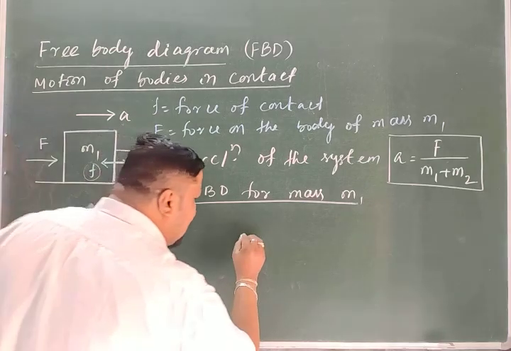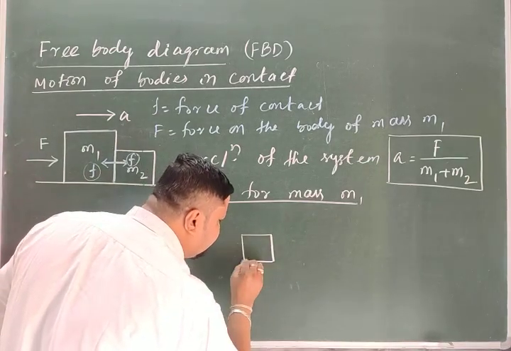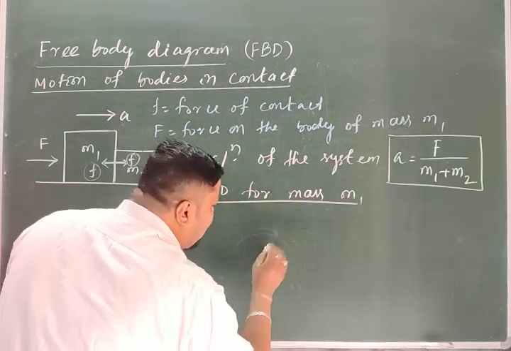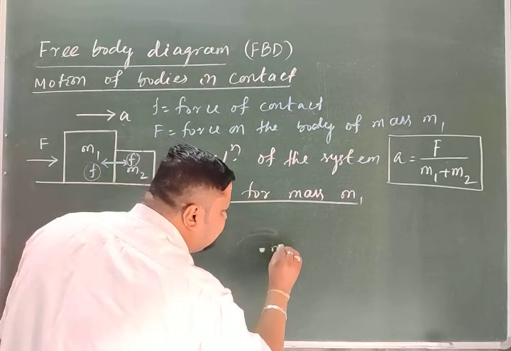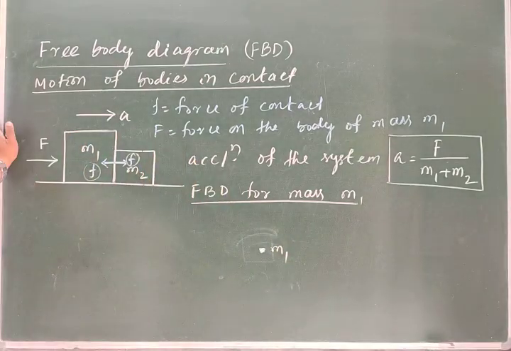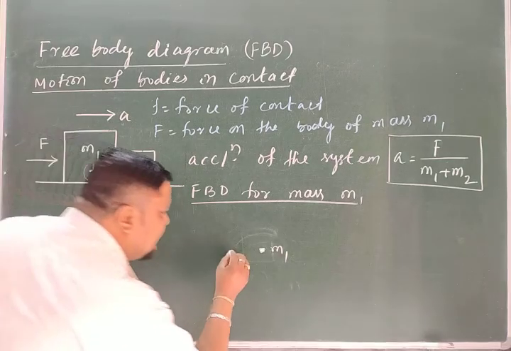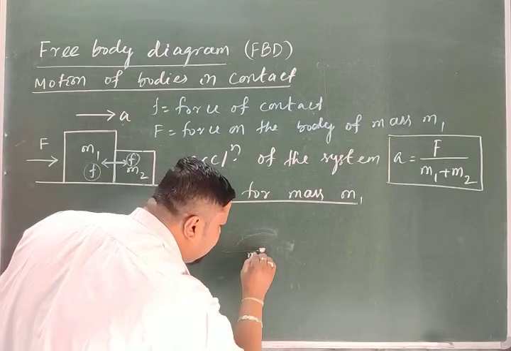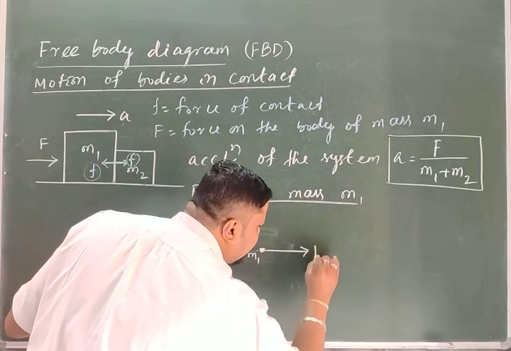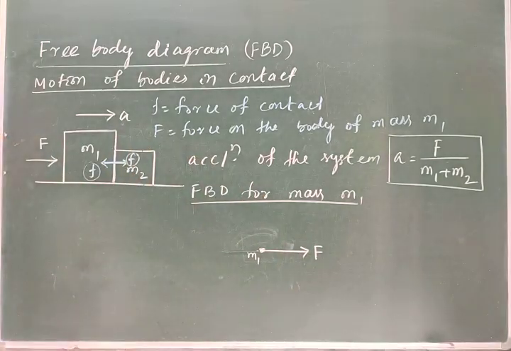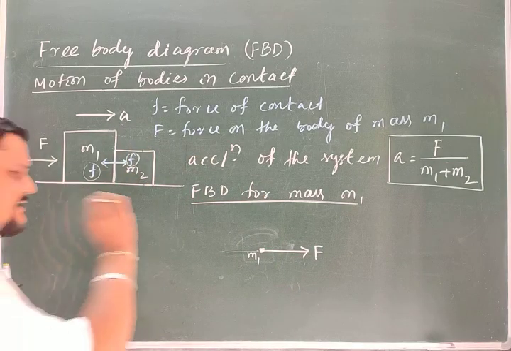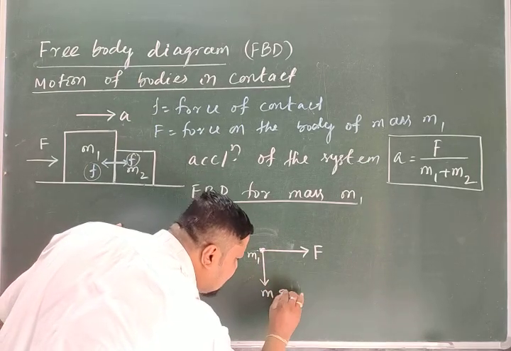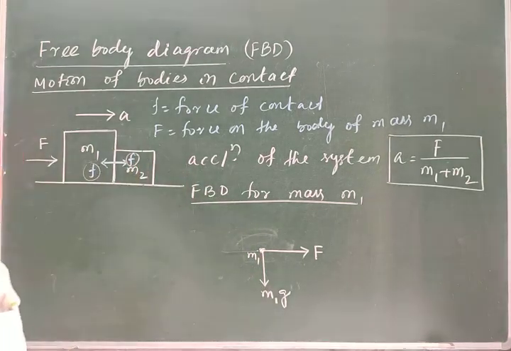Let us consider this is the mass m1, or you can take a point mass also. What forces are there? One force is obviously the applied force F along this direction. The other force is the weight, vertically downward, m1g.